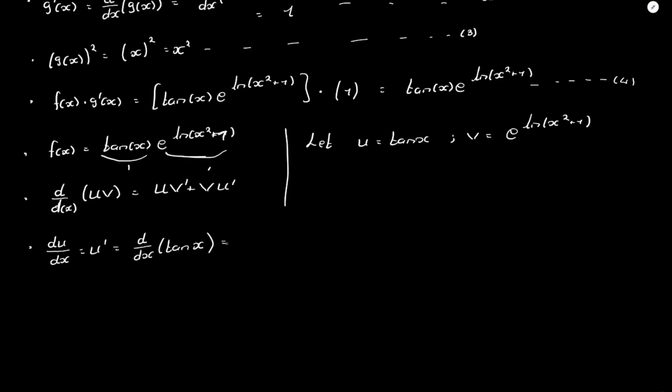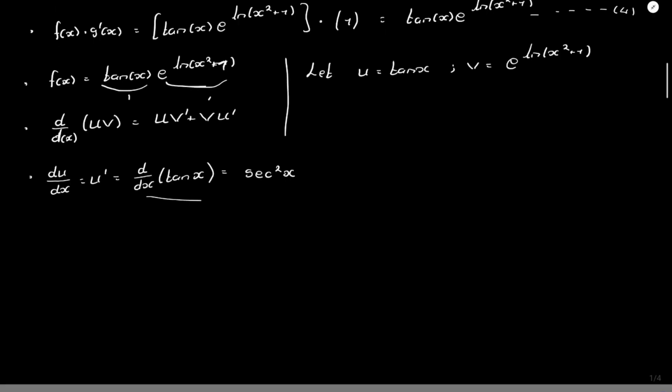Recalling from our derivative of trigonometric functions, where we proved the derivative of tan x with respect to x, this gave us the trigonometric function sec squared x. So I've calculated u prime.